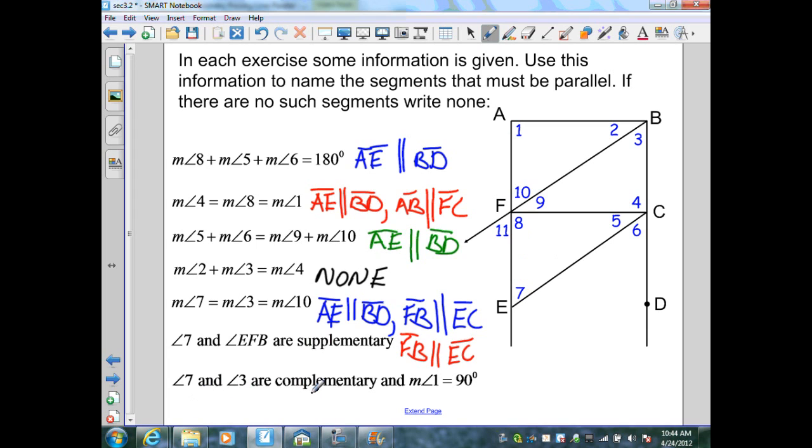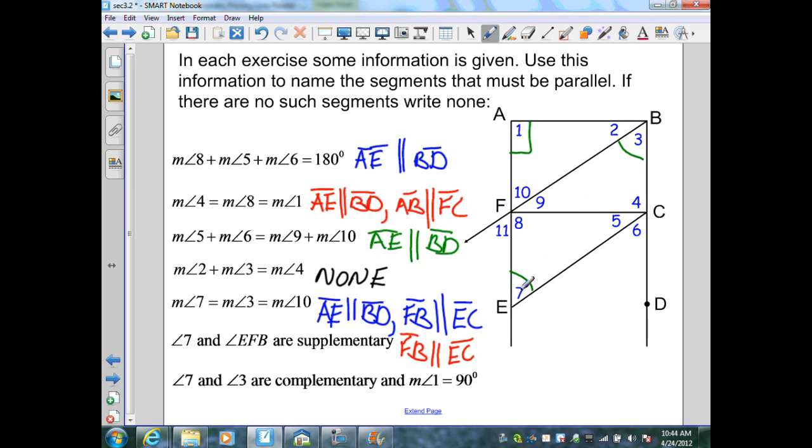Angles 7 and 3 are complementary, and the measure of angle 1 is 90. 7 and 3 are complementary. These two angles add up to 90 degrees. And angle 1 is 90 degrees. In this situation, 7 and 3 are complementary.